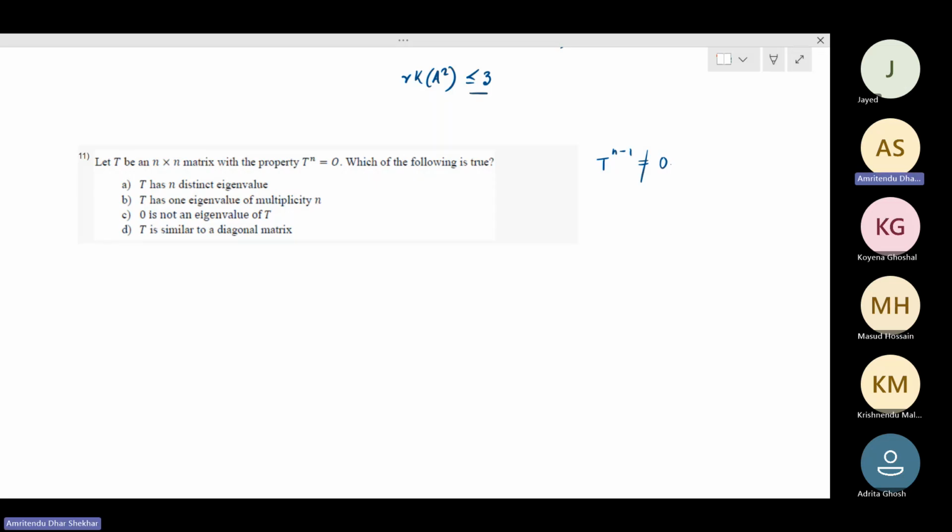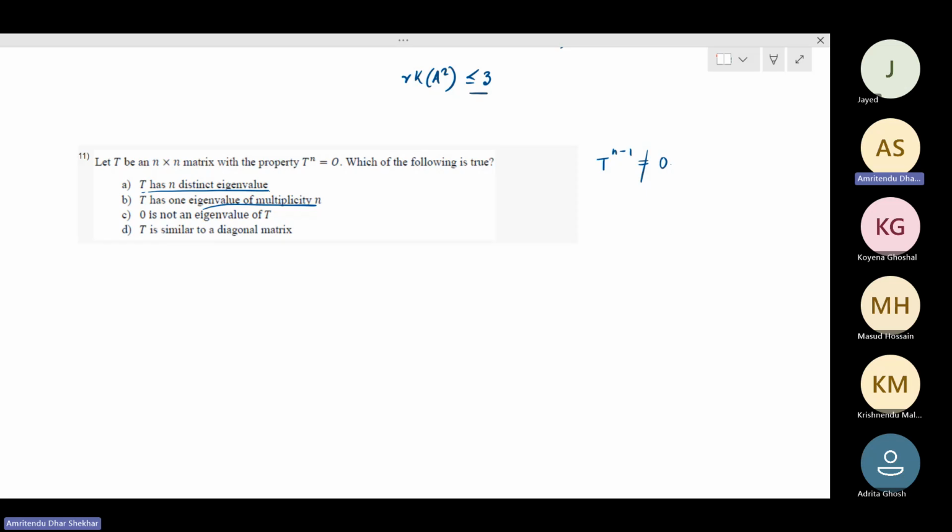So indeed, T has one eigenvalue of multiplicity n, which is this 0 eigenvalue. But T has n distinct eigenvalues? That's obviously not true because the characteristic polynomial of T is actually T to the power n equal to 0. So it does not have n distinct eigenvalues.